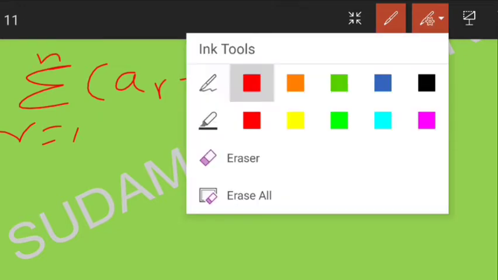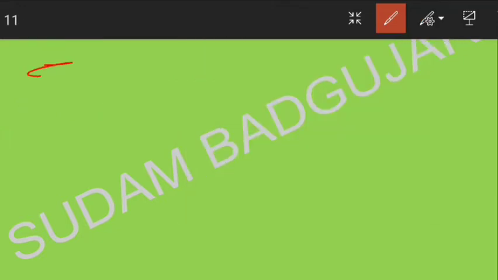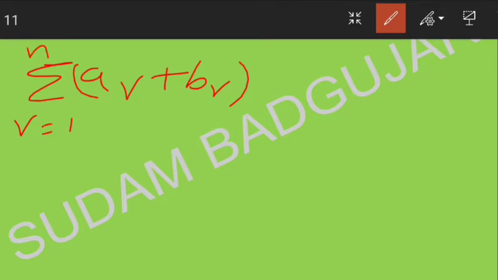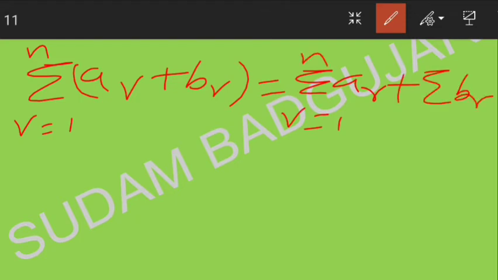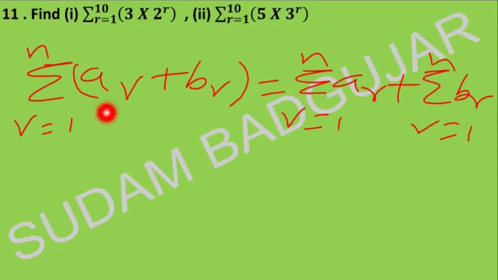The sigma of a sum of two terms is nothing but sigma of a r, r is equal to 1 to n, plus sigma of b r, r is equal to 1 to n. That is, sigma of a sum of two terms is equal to the sum of two sigmas, taking separate sigma notation from r equal to 1 to n.